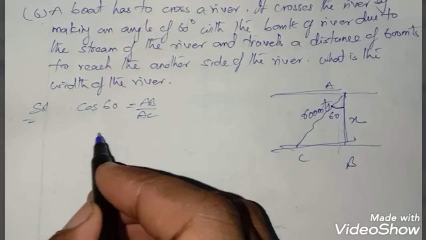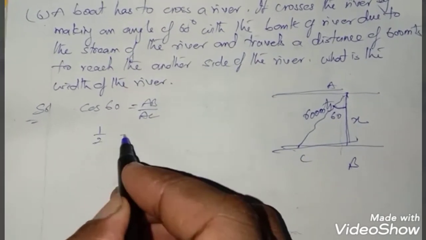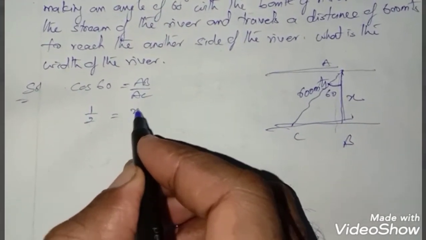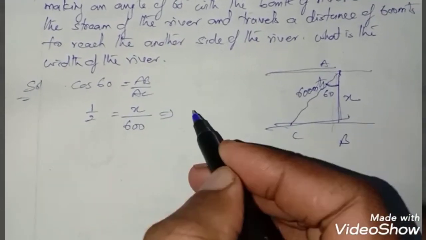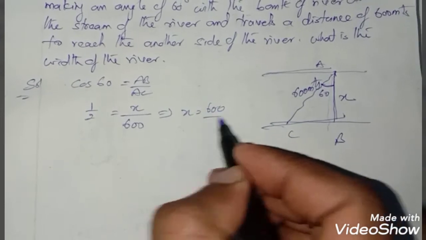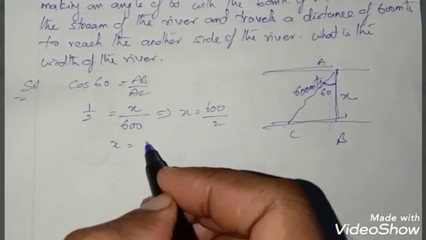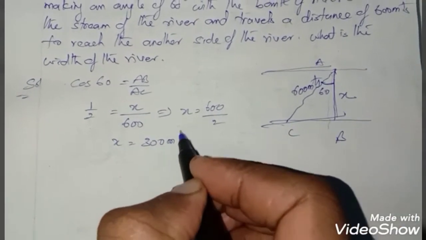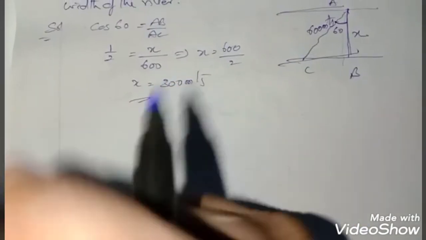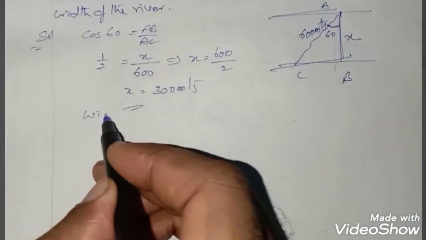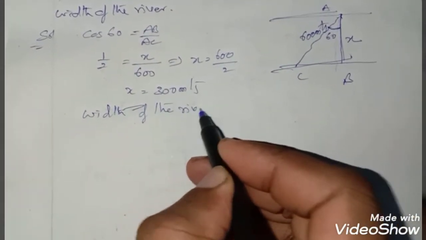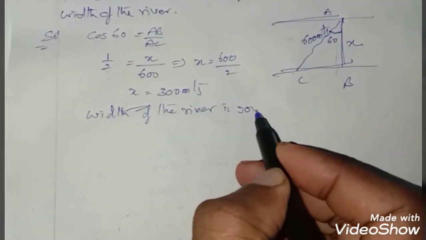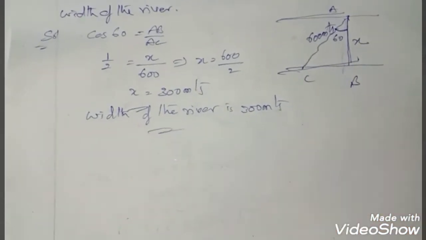Cos 60 value is 1 by 2, equal to AB, which is x, by AC, which is 600. If I cross multiply, x is equal to 600 divided by 2, so x is equal to 300 meters. So the width of the river is 300 meters.